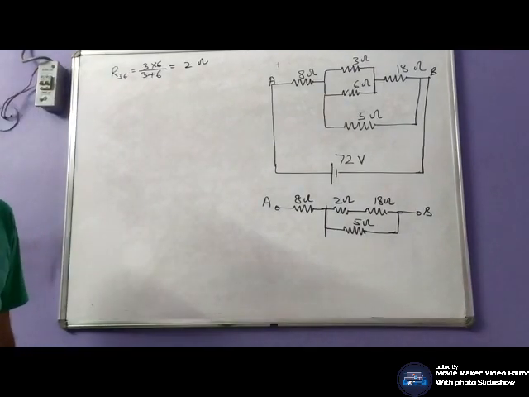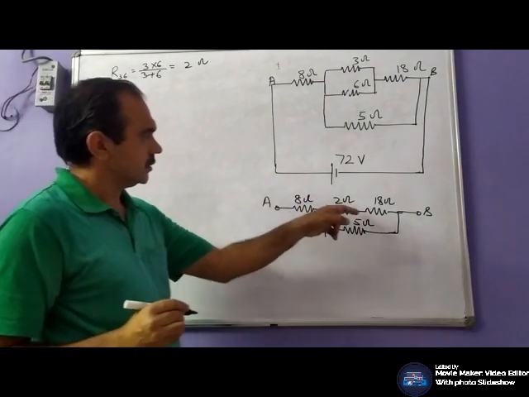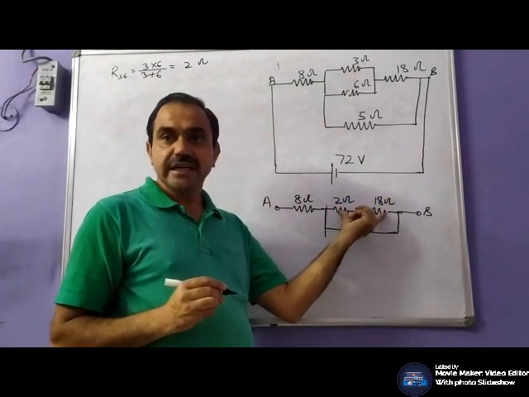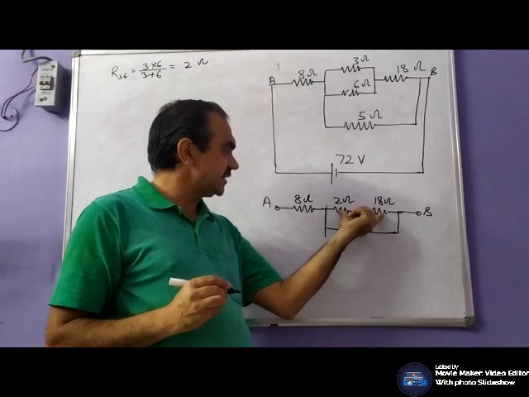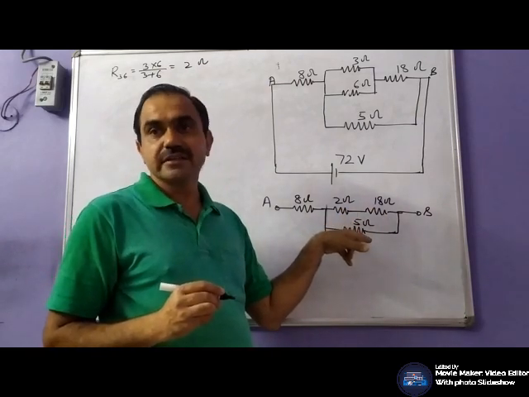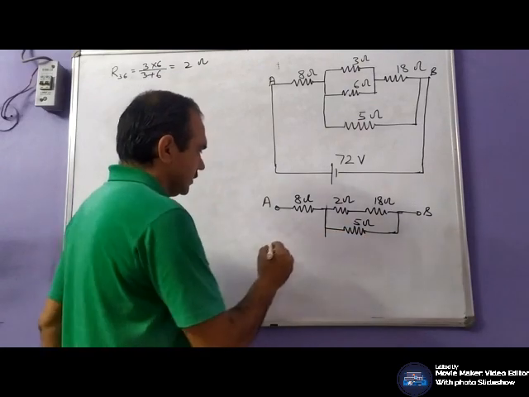Simplified. Now these 2 and 18 ohm branches are connected in series, and this series combination is connected in parallel with this 5 ohm resistance.